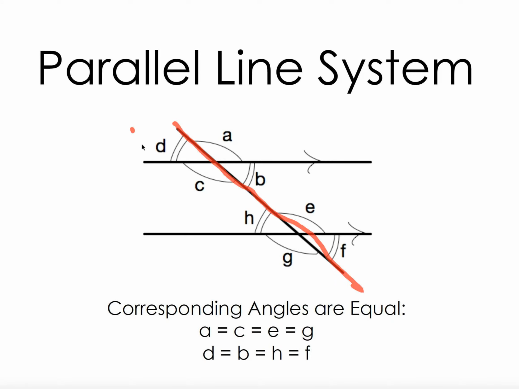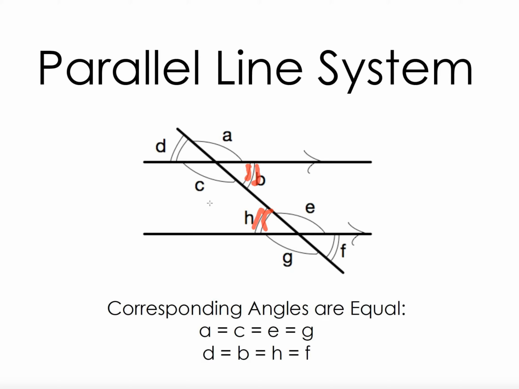So one is on the left, one is on the right. And why exterior? Because they're outside this interior area section here. So our alternate exterior are going to be the same, but also our alternate interior. This time they're going to be inside this little area here, and on different sides of our transversal. So C and E are going to be the same, and also B and H.